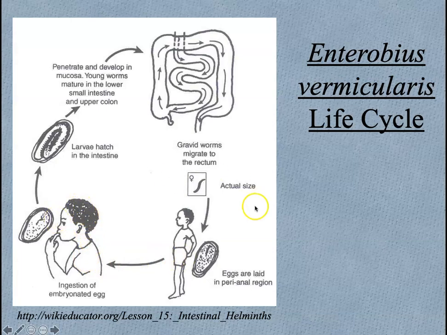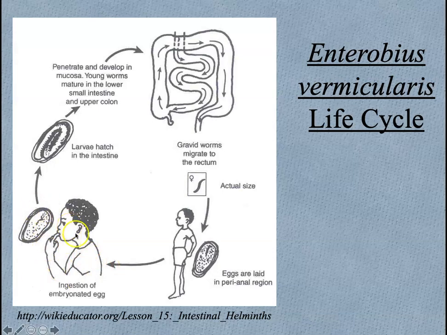So this child is exhibiting an auto-infection. So auto, themselves, they're reinfecting themselves with the eggs that were laid. So the eggs become infective again after 4 to 6 hours. And then the larva is now developed and infected inside that egg.